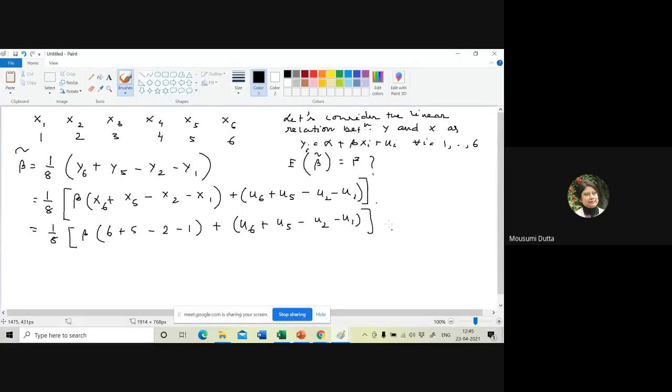So what is the value of 6 plus 5 minus 2 minus 1? 8. So there will be a cancellation. So what is the first term? Beta. And you have the u terms.